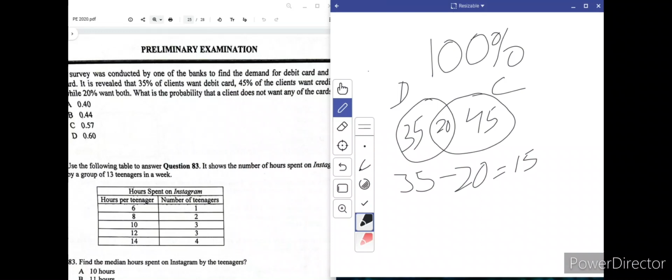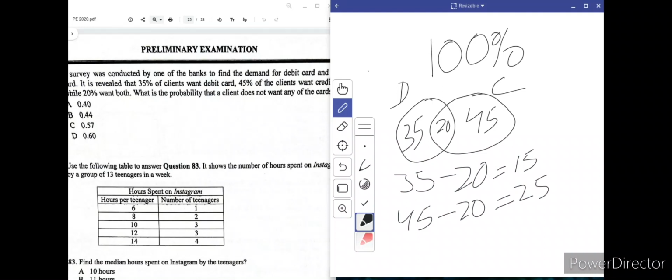Now similarly for persons wanting only credit card, we have 45, and again those wanting both is 20. So we subtract: 45 minus 20 is 25.